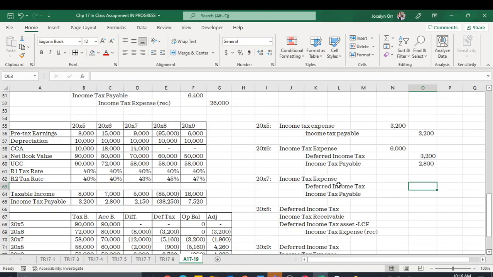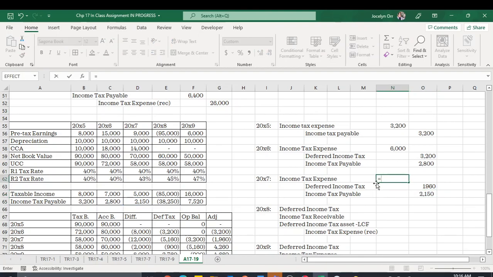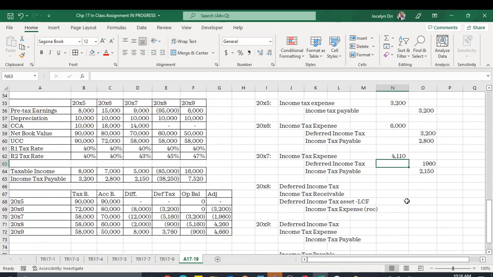20x7, I still have a credit, so this is going to remain the same. $1,960 for my deferred income tax, which came from right here. My income tax payable, $2,150, making my income tax expense $4,110. 20x8, I now have a debit to my deferred income tax for $4,260.